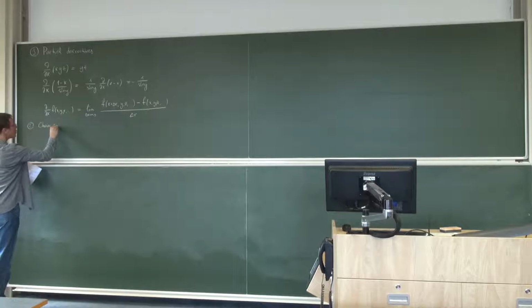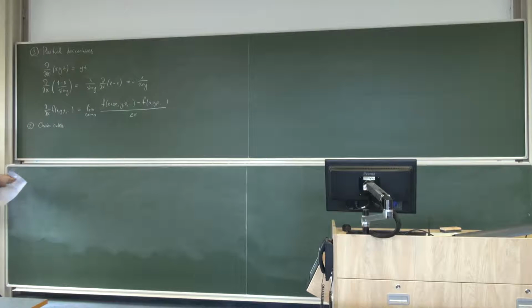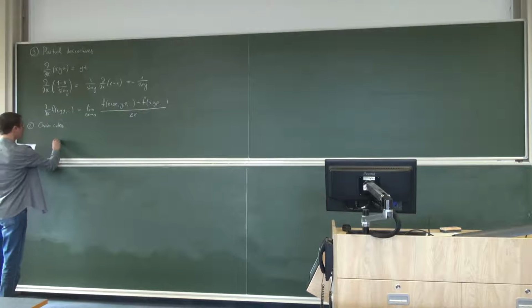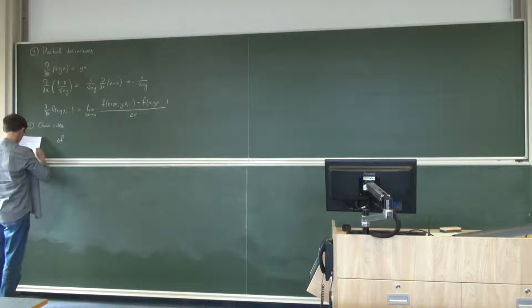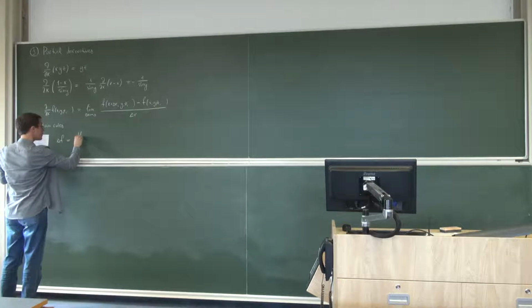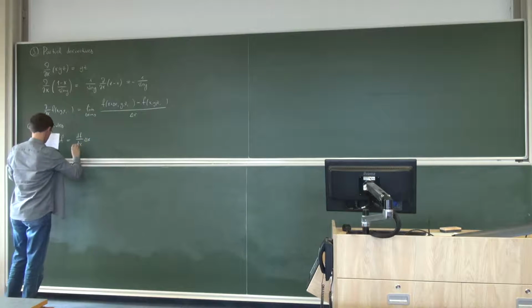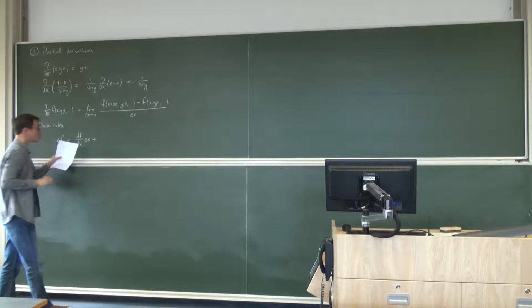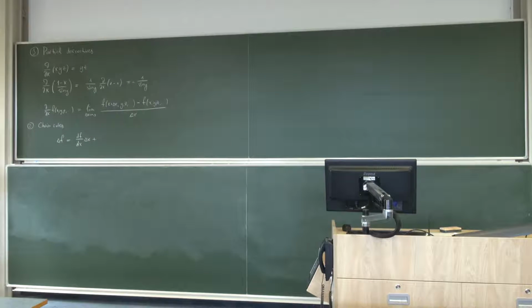Chain rules. You have seen this already in the previous lecture when we dealt with the finite increments, remember the correction functions and so on. You've seen the following type of relation. The Δf, the change in the function, is ∂f/∂x times Δx plus what we had as a correction function.